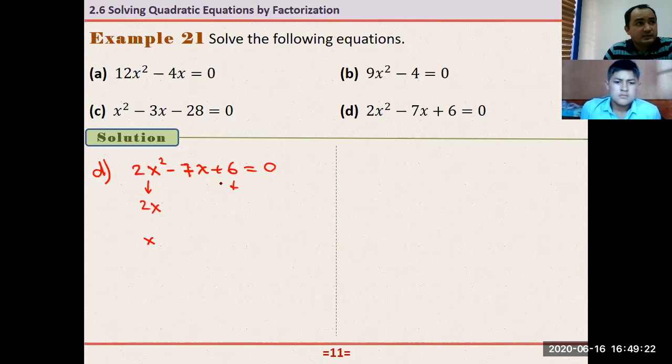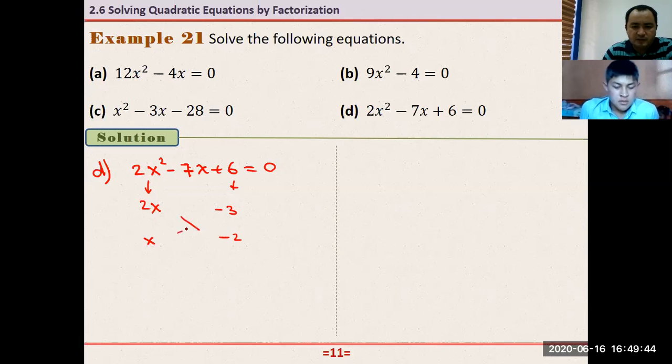But here this 6, and the middle term is minus 7, right? So I think both numbers should be negative, so that a negative number plus a negative number gives us a negative number. Try any numbers. How about, for example, -3 and -2? 2x times x is 2x squared, and -3 times -2 is 6, right?